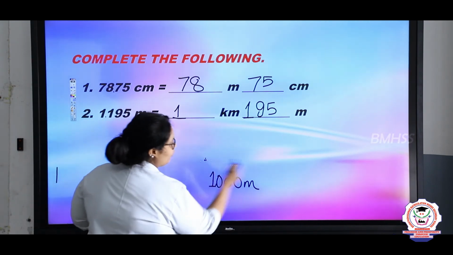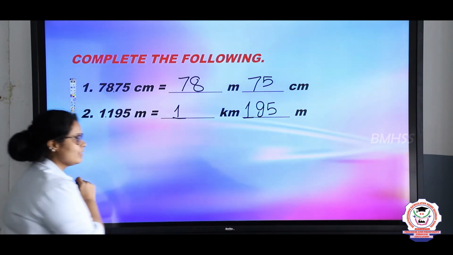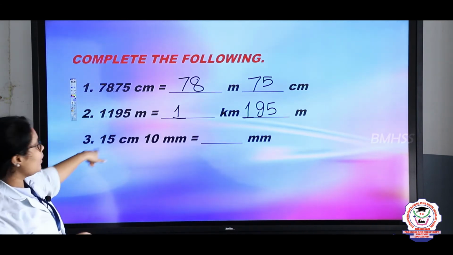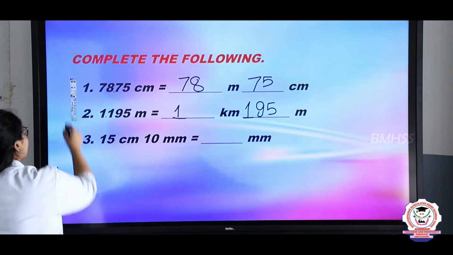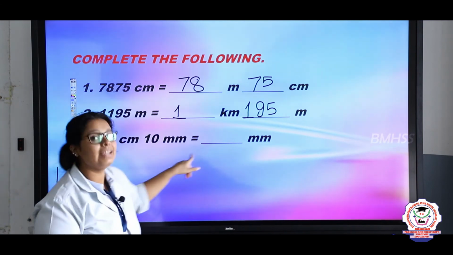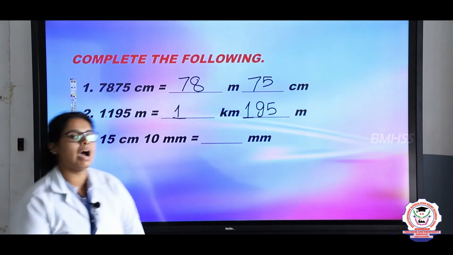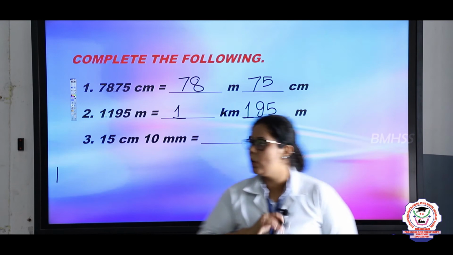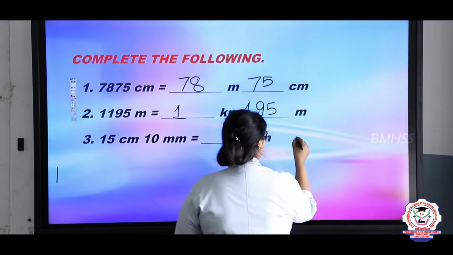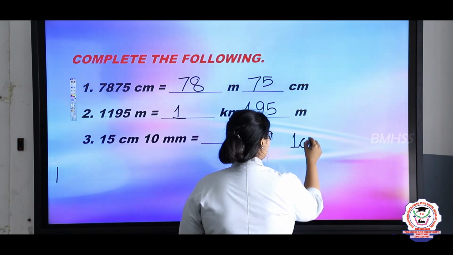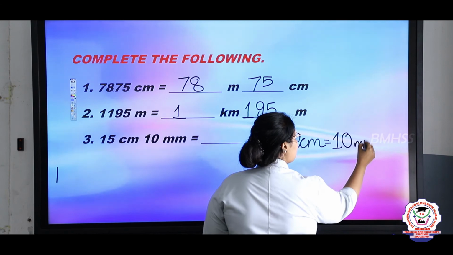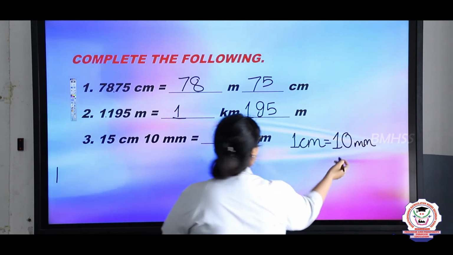Now I want to erase this, okay children? Because there are more questions here now. Now let's come to the third question. In the third question, they are asking 15 centimeters and 10 millimeters is equal to how many millimeters? So you can write 1 centimeter is equal to 10 millimeters.